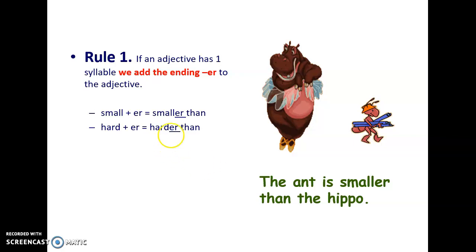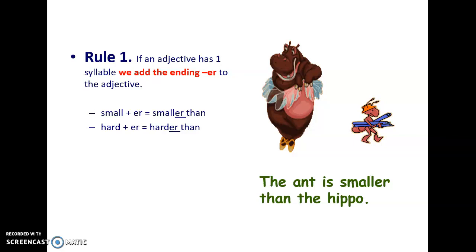In this case, you are going to add only er to the adjective, and you are going to have the comparative form. For example, if you have small, that is pequeño, and you add er, you are going to have smaller than, and it's very important that we use than. In that form, you are going to have más pequeño que. Okay, that is going to be the meaning.